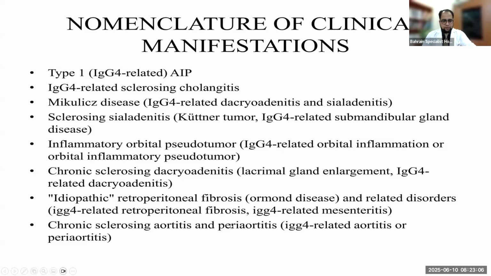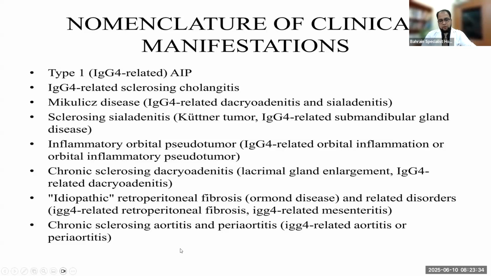Inflammatory orbital pseudotumor has been replaced as IgG4 related orbital inflammation. Chronic sclerosing dacryoadenitis is currently termed IgG4 related dacryoadenitis. Similarly, idiopathic retroperitoneal fibrosis or Ormond disease is labeled as IgG4 related retroperitoneal fibrosis and IgG4 related mesenteritis.